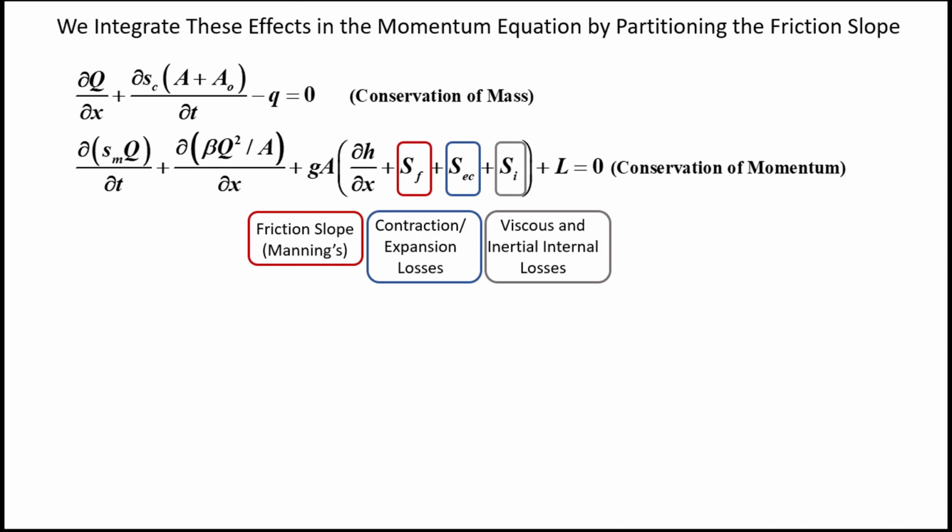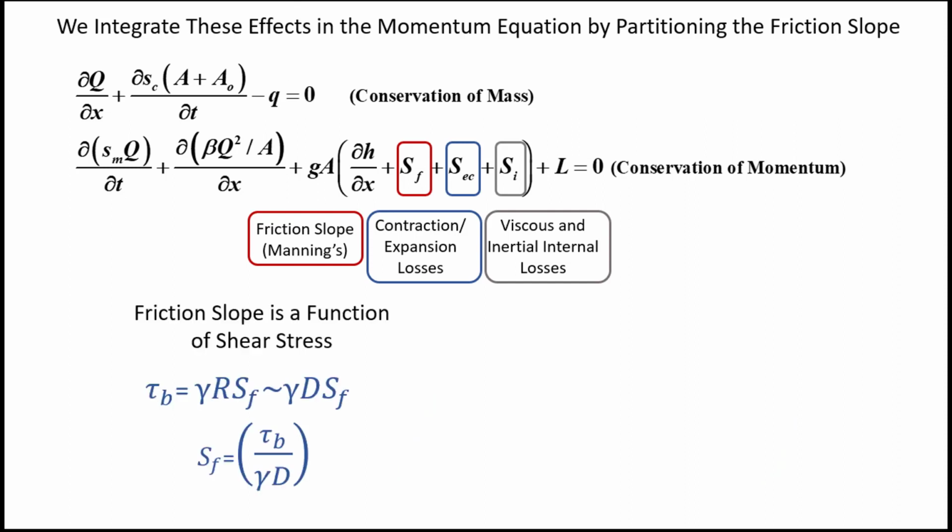This is really well-established theory, and it comes out of the equation for shear stress. Shear stress is gamma R S, the unit weight of the fluid times the hydraulic radius, or you can just assume the depth for a wide channel, times the friction slope, which means that the friction slope is the bed shear stress over two parameters we definitely know, the unit weight of the fluid and the depth.